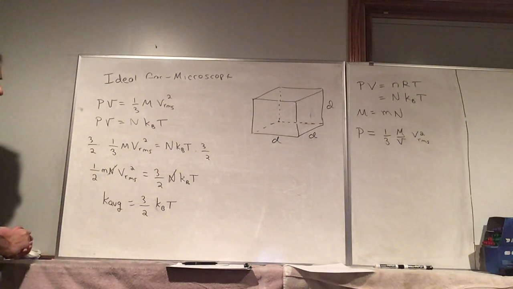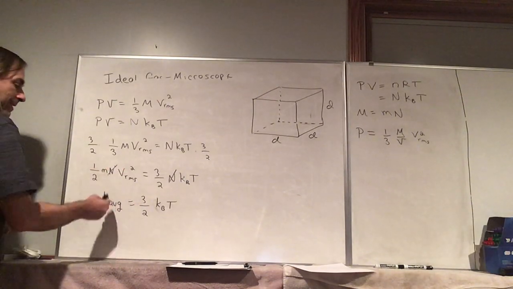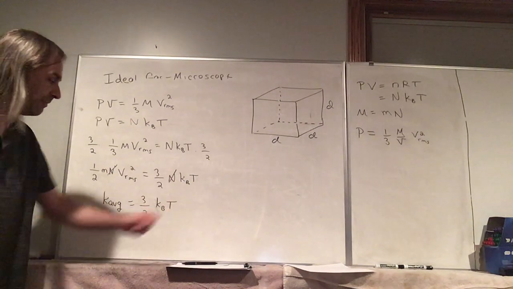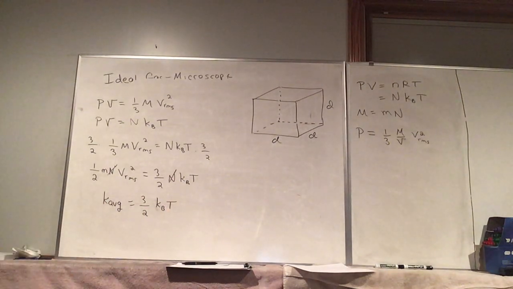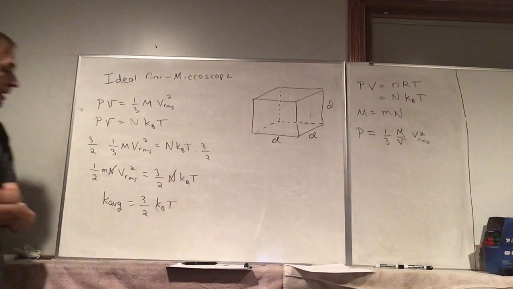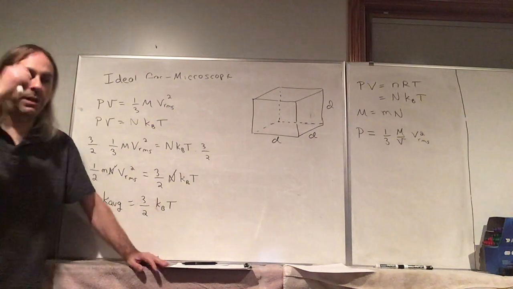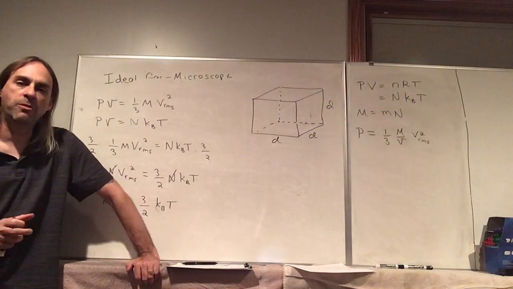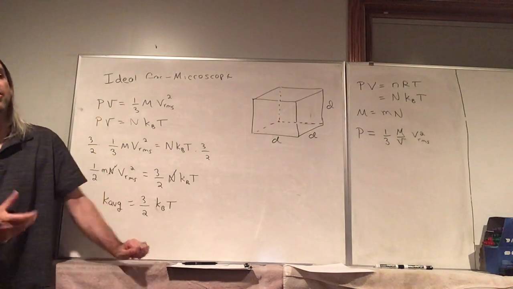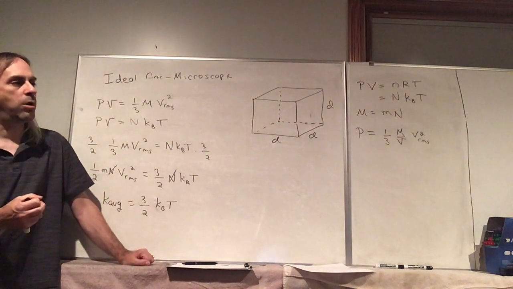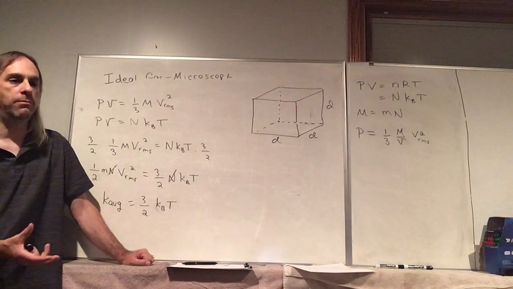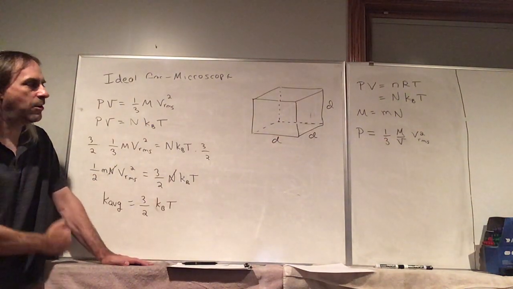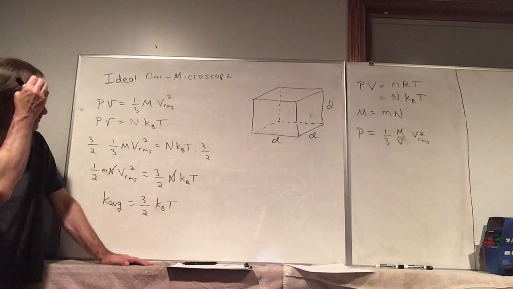And this is a very important result. Again, we see this connection between the molecules, how fast they're moving, and the temperature of the gas. But this is actually part of something much bigger, which we're going to talk about a little bit later. It's called the equipartition theorem, which comes from a branch of physics called statistical mechanics.